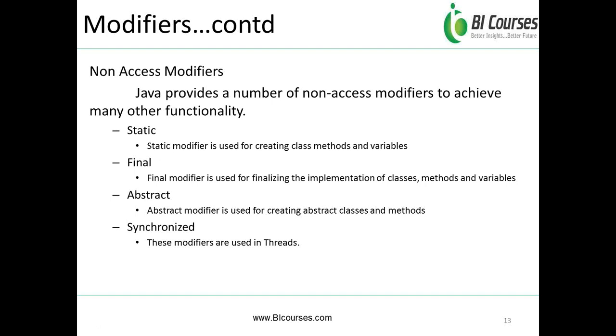The final modifier is used to finalize the implementation of classes and methods, which means if you don't want to change or modify a particular method, then you can make those methods or variables final. Next, the abstract modifier is used for creating abstract classes and methods. And the synchronized modifier is used in the threads concept. These threads we'll discuss in future sessions.